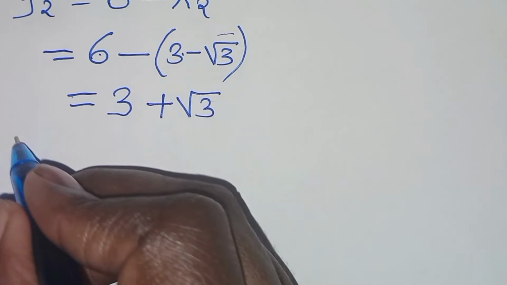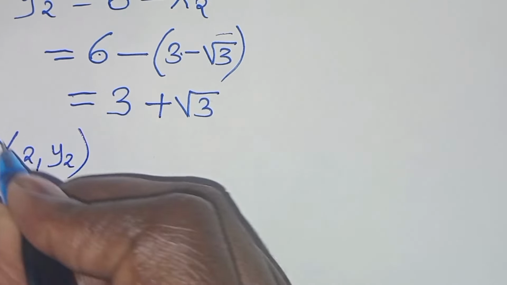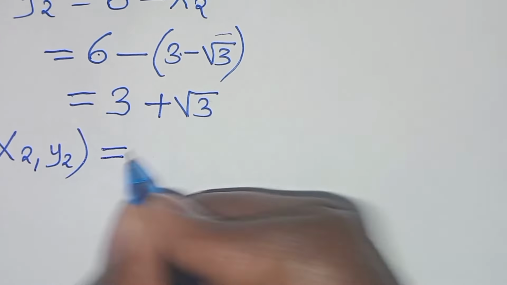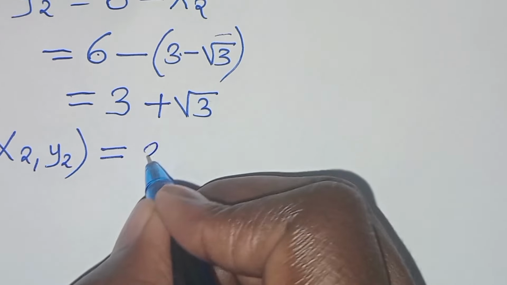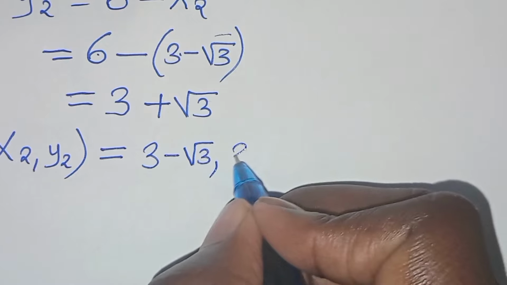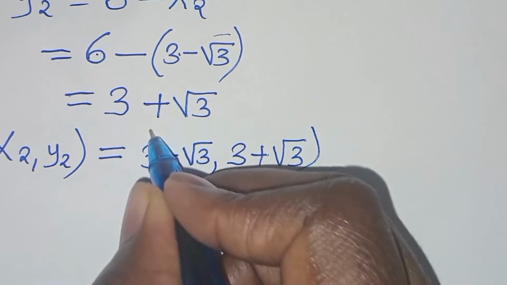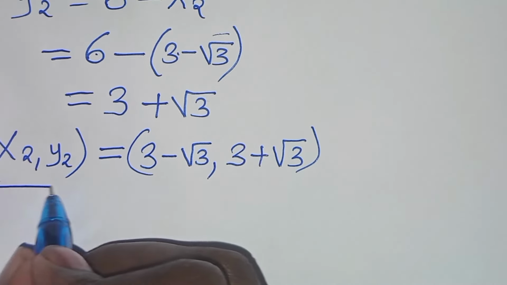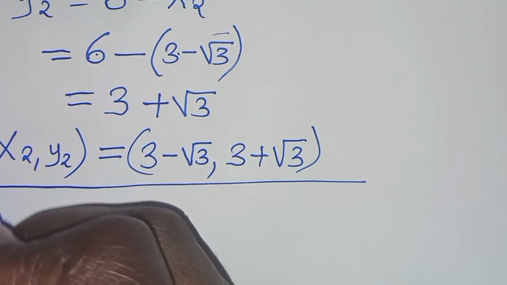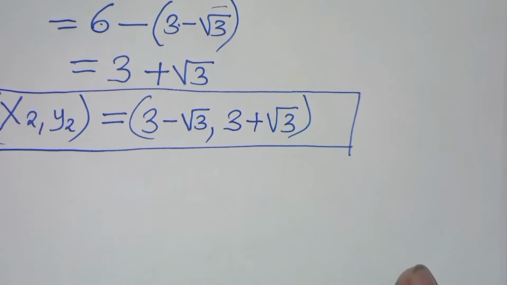So this implies that x2, y2 is equal to 3 minus square root of 3, 3 plus square root of 3. So this is the second set of solutions for this algebra problem. We have two sets of solutions here.